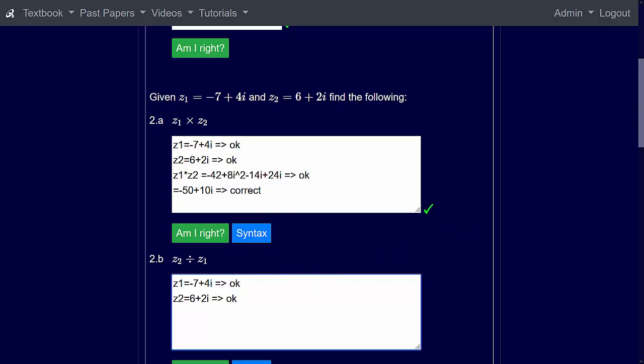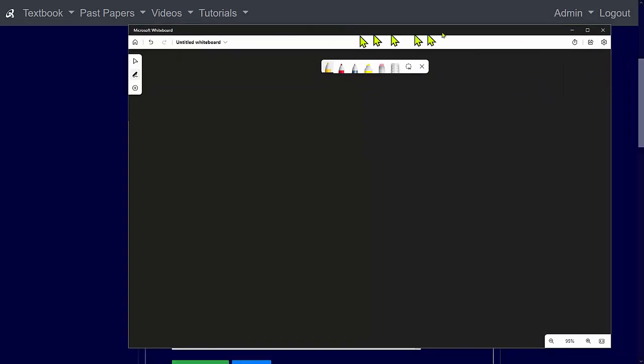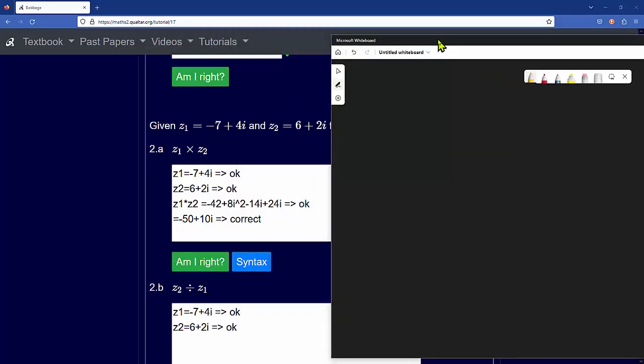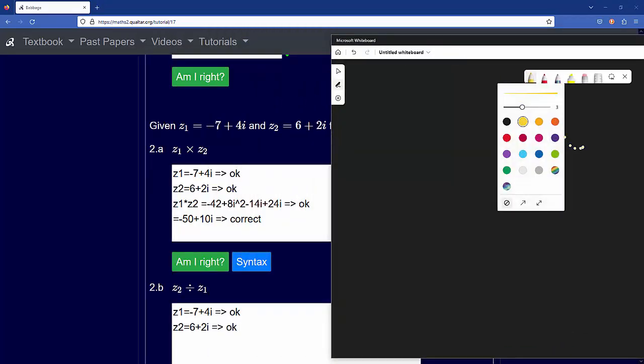So I'm going to pull in a whiteboard, but actually it's black, so I can show you how to do this. So let's have a pen. There we go.